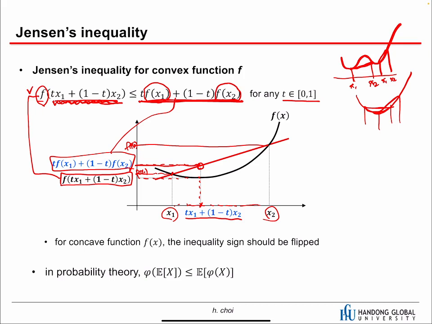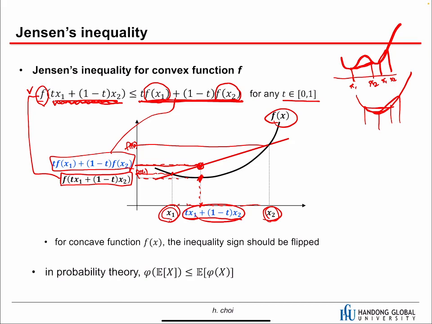So this inequality says quite a simple concept. If the function f of x is convex, then no matter where you pick x1 and x2, the actual function value of this weighted sum is always lower than the weighted sum of the two function values.